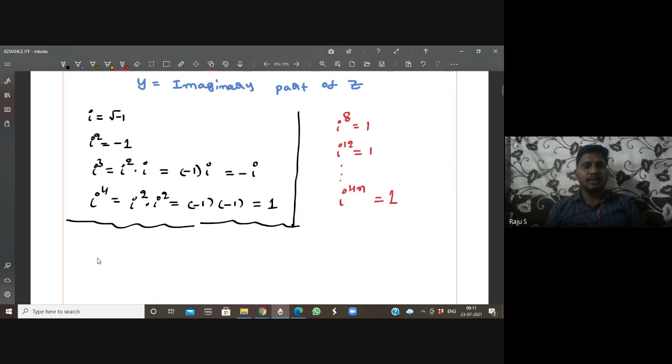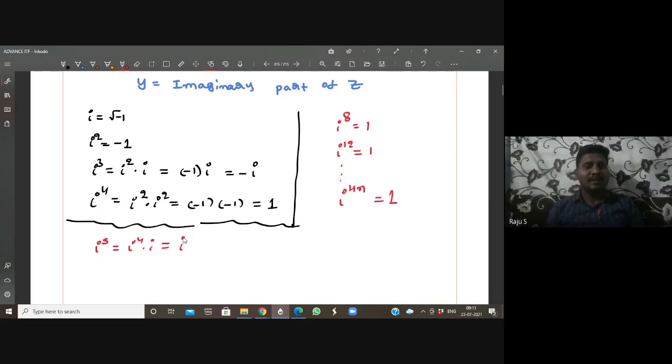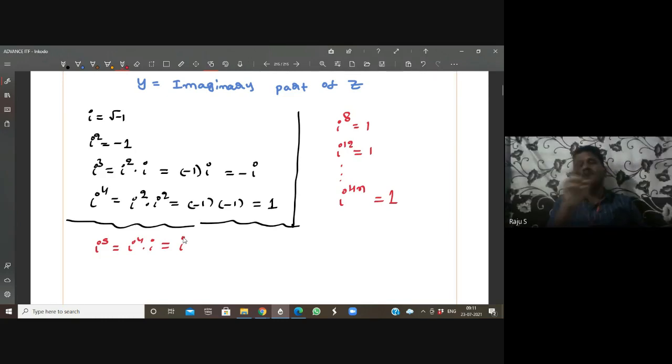After iota power 4, what is iota power 5? Iota power 4 into iota, which is iota. You can say it in terms of iota; no need to say root of minus 1.